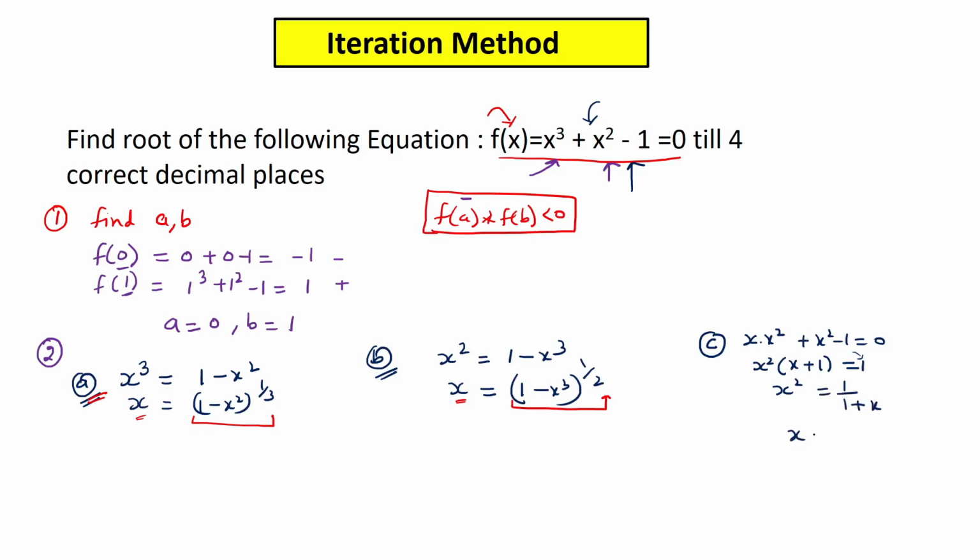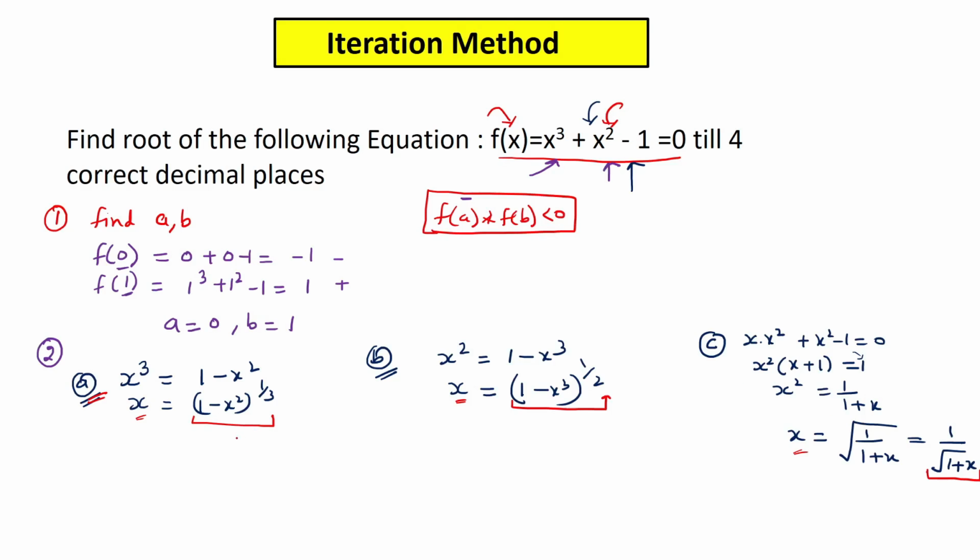And this can be written as x equal to 1 upon 1 plus x under root. So this is my new form. This is x and this total is phi x. So I have changed the given equation in the form of x equal to phi x and I have 3 ways to do so.